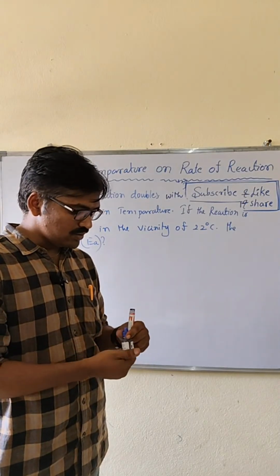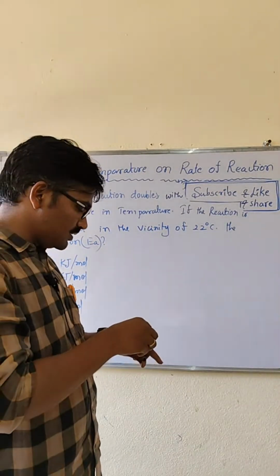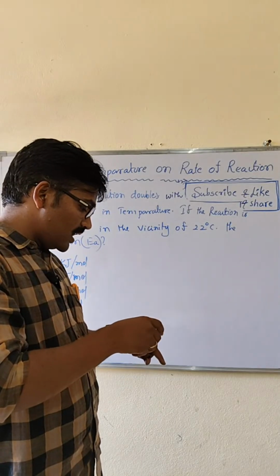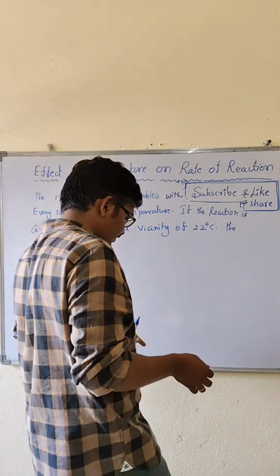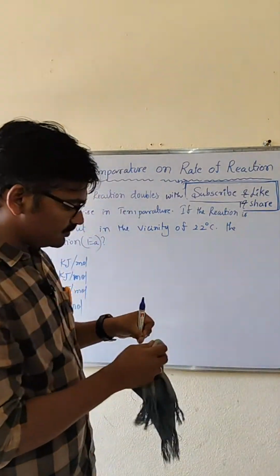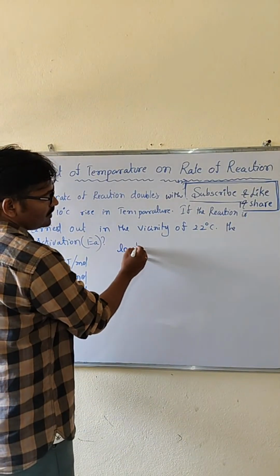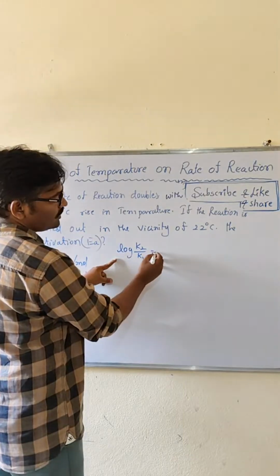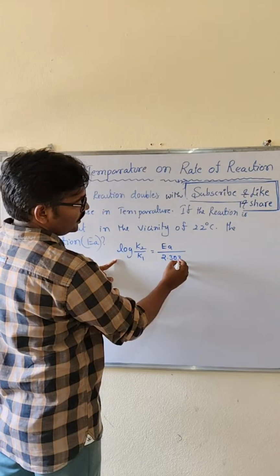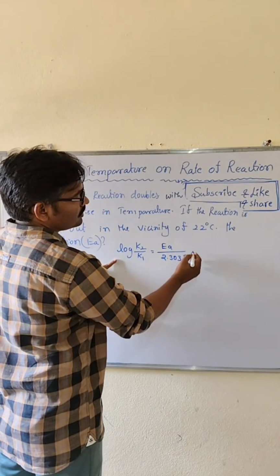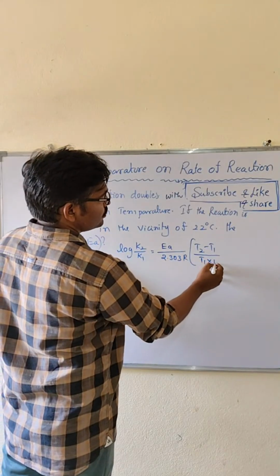So we take the Arrhenius equation, the energy calculation equation: log K2 divided by K1 equals EA divided by 2.303 R, into T2 minus T1 divided by T1 into T2.